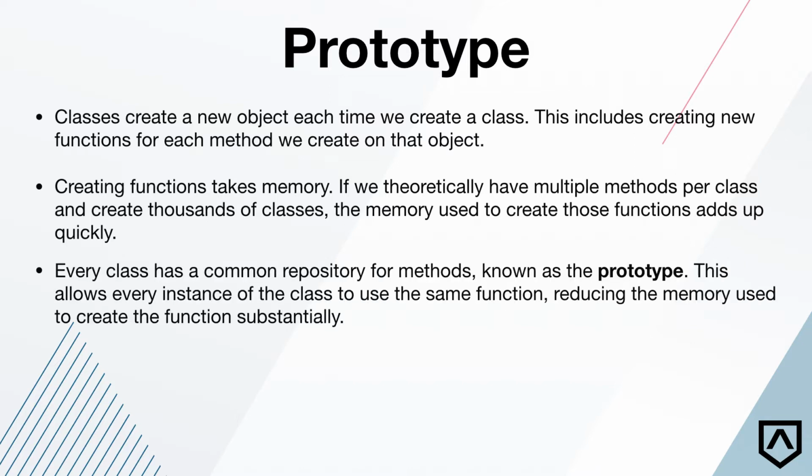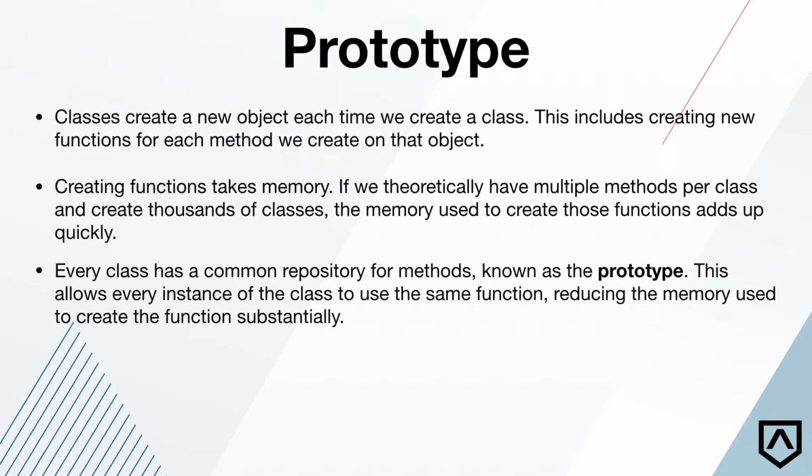So to combat this, every class has a common repository for methods known as the prototype. So when you create a class, another thing that the new keyword does is create this thing known as the prototype. This allows us to store functions or methods of that class where we only have to do it one time.